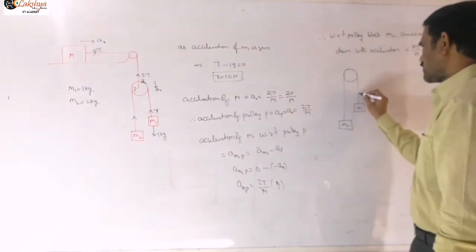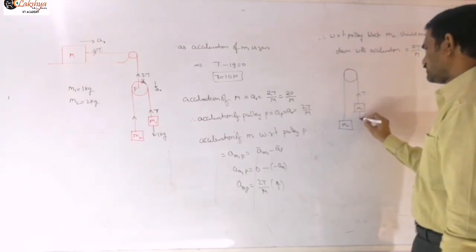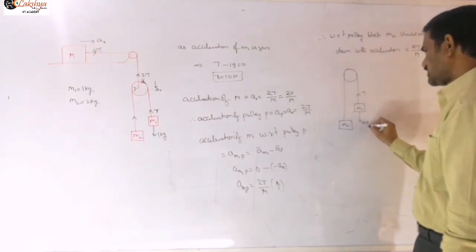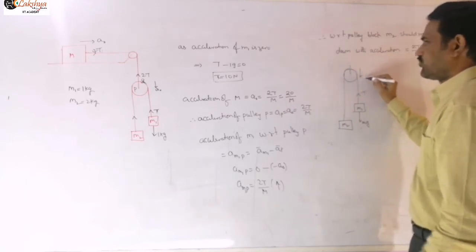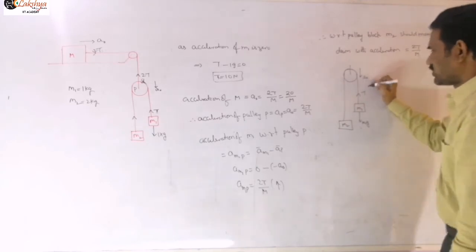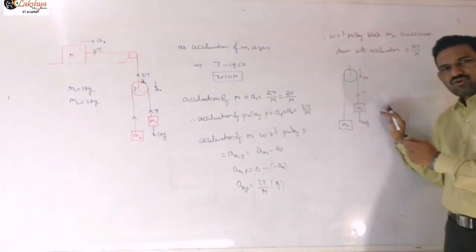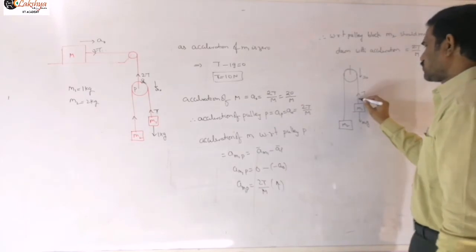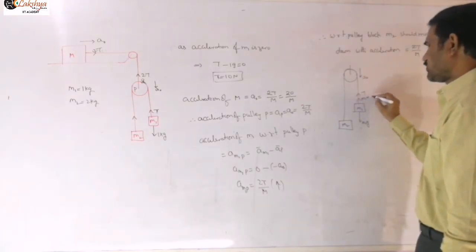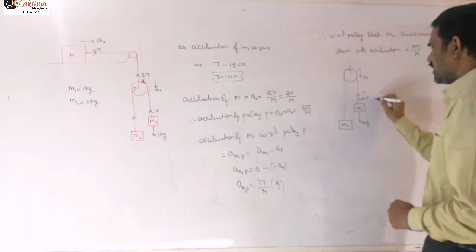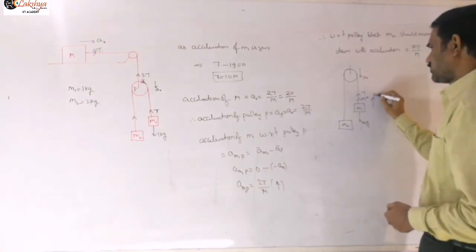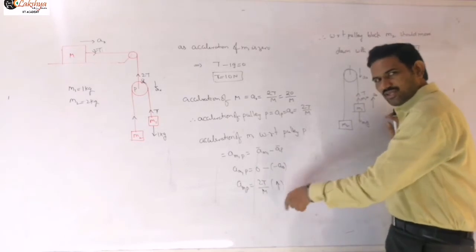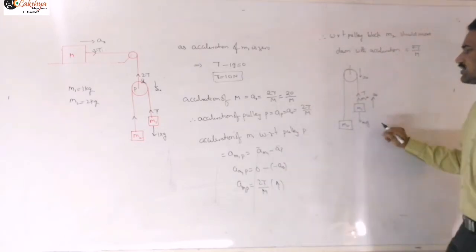And so now here this tension T is there in upward direction, M1G is there in downward direction, and here the important thing you should observe is this pulley is moving down with an acceleration A0, and so now there will be some pseudo force acting on this, and so that pseudo force will be M1 into A0 in upward direction, and now with respect to this pulley it is moving up with an acceleration of A0. The magnitude will be A0 only, right?